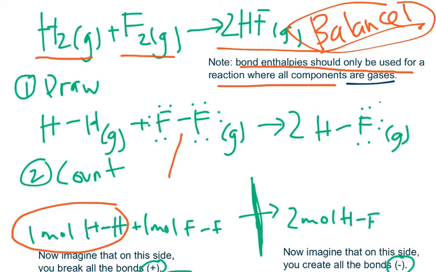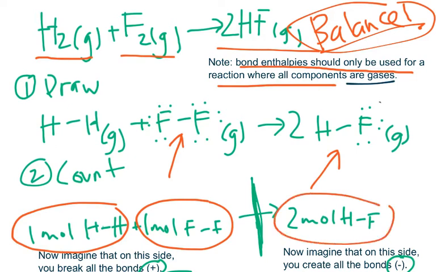Over here we have 1 FF single bond, so 1 mole of FF single bonds. And over here we have not 1 mole of HF single bonds, we actually have 2 moles of HF single bonds, since there are 2 moles of hydrogen fluoride. And note that I called it hydrogen fluoride and not hydrofluoric acid, since it's in the gas form.